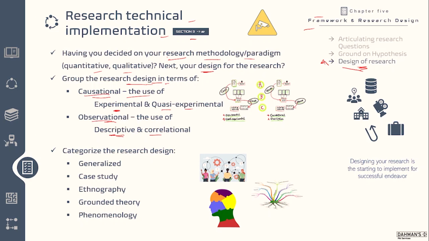We have left to quickly show you some categories of research design, and those are academic terminologies. It doesn't really add much to your knowledge, but it's good that you should know, by the end of your research, the kind of research design you are doing. If it is a generalized design, it means your research design is aimed in general terms.